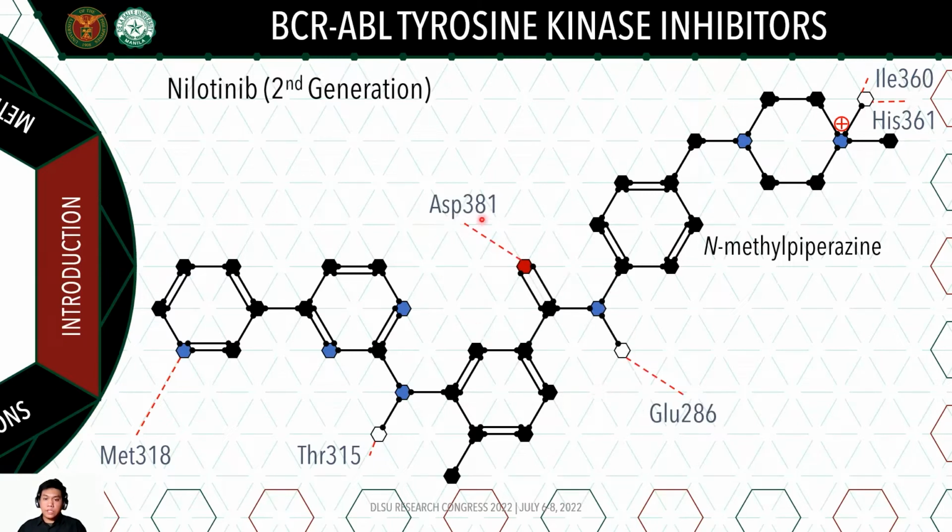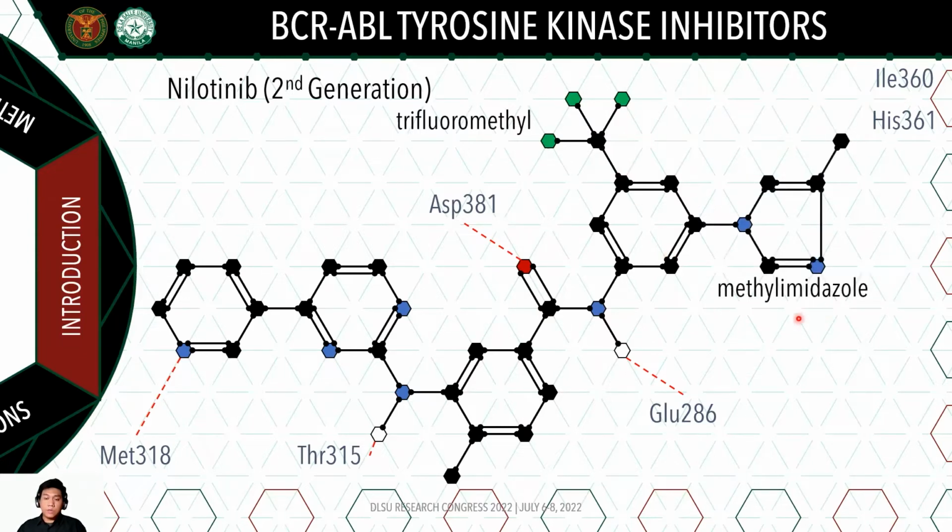Nilotinib, a second generation inhibitor that overcomes resistance against imatinib, has an inverted amide, a trifluoromethyl group, and a methylimidazole instead of a piperazine.